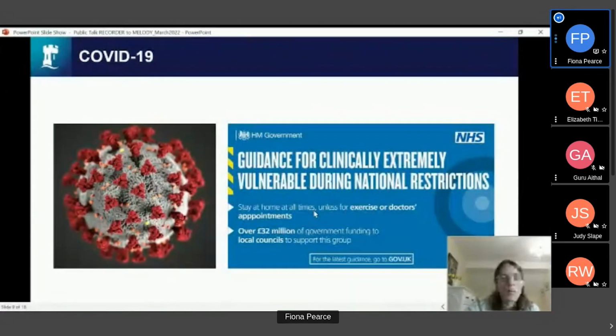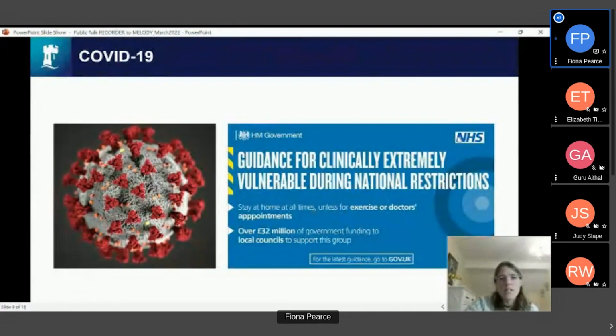We'd set that up and we'd found and started to register people with those rare autoimmune rheumatic diseases just as COVID-19 came. COVID-19 was an extraordinary and unprecedented situation for everyone in the world, but particularly difficult for people with suppressed immune systems.